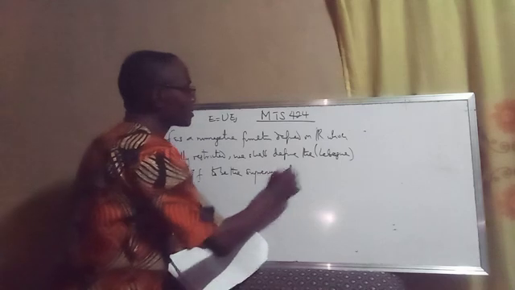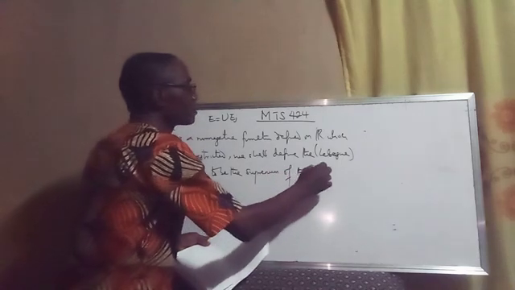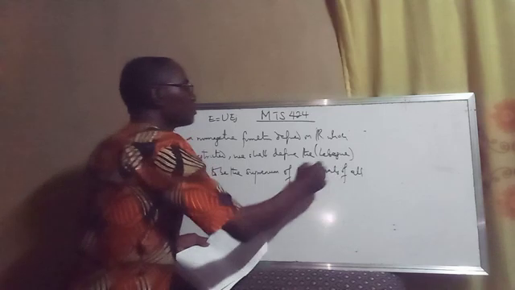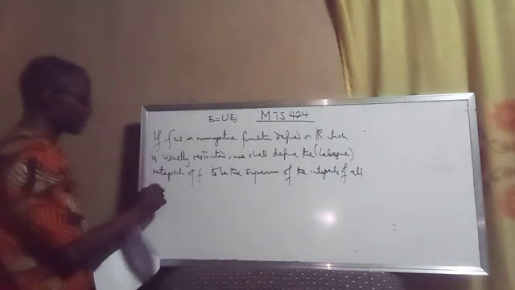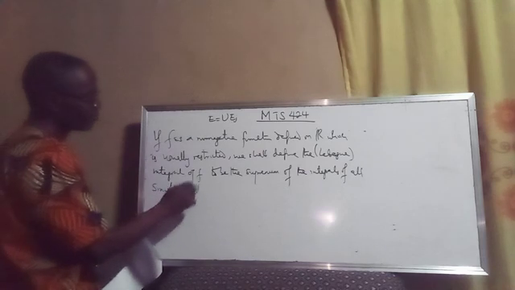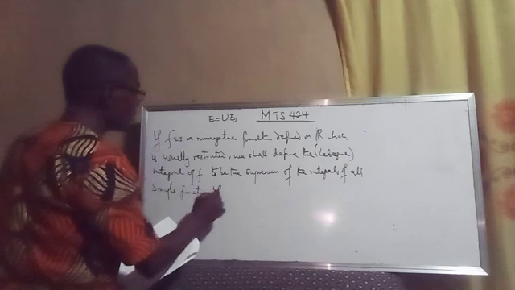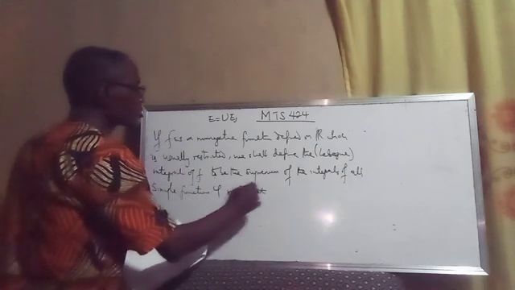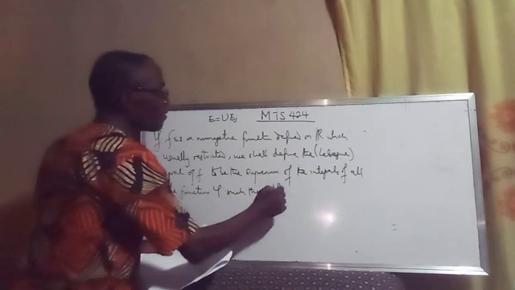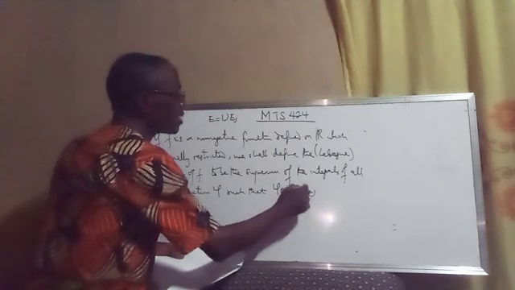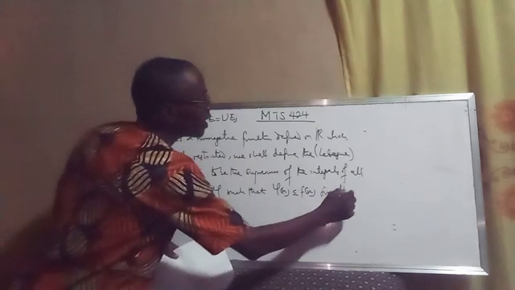Of the integrals of all simple functions. Interesting. All simple functions. This is different from the Riemann integral. Such that phi of x is bounded by f, because we want to approximate the function itself for all x in the set of real numbers.